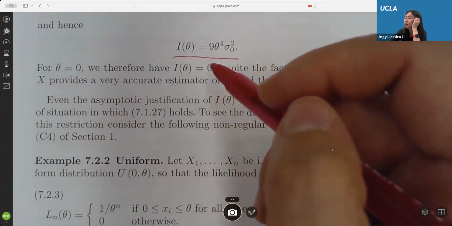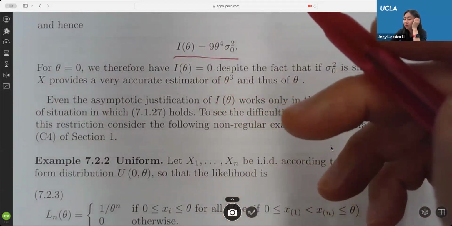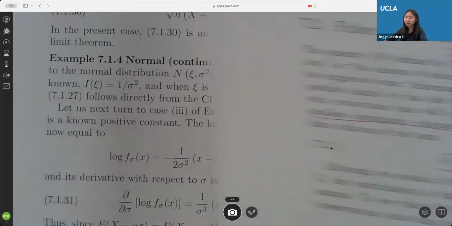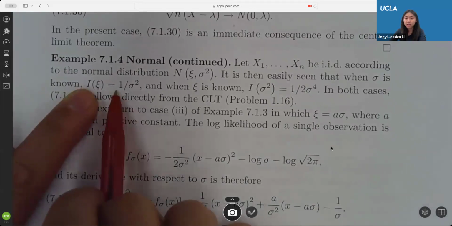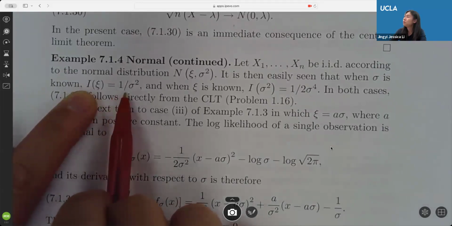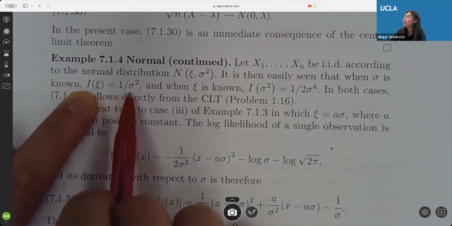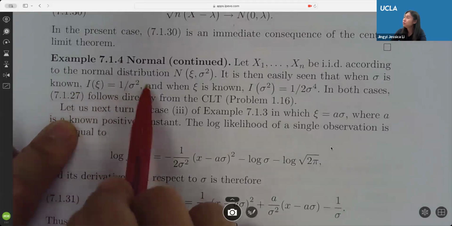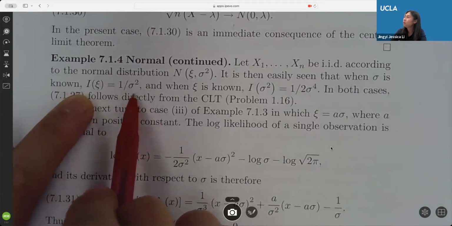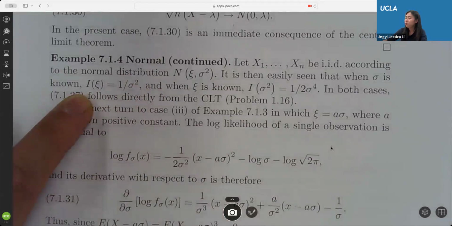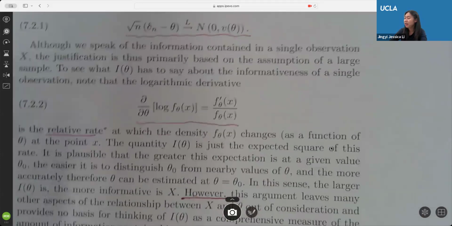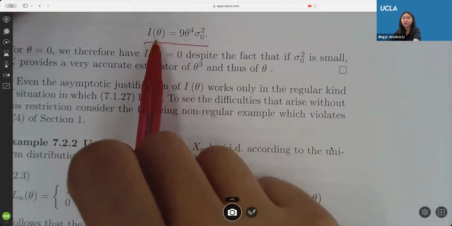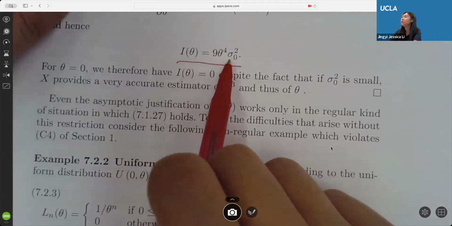That's not good. Because previously, for the normal case, remember what the Fisher information was. If you're interested in estimating the mean only, the Fisher information is 1 over σ squared, only about σ squared, not about the mean itself. So that's why when the mean is 0, Fisher information remains this constant, 1 over σ squared. But with the cubic root as our parameter of interest, θ, its Fisher information actually depends on its own value.